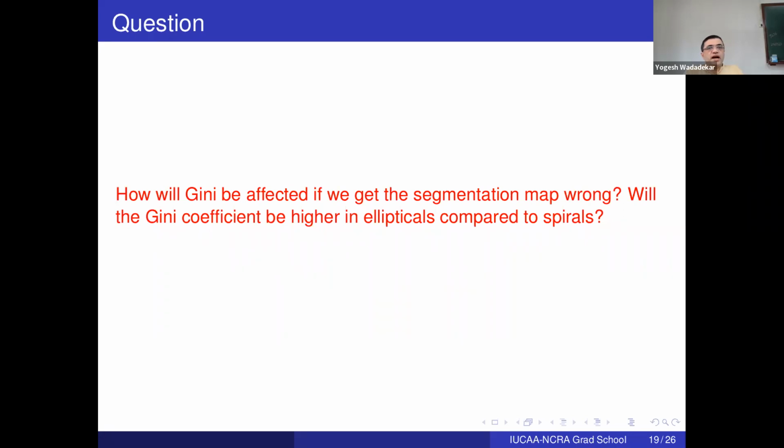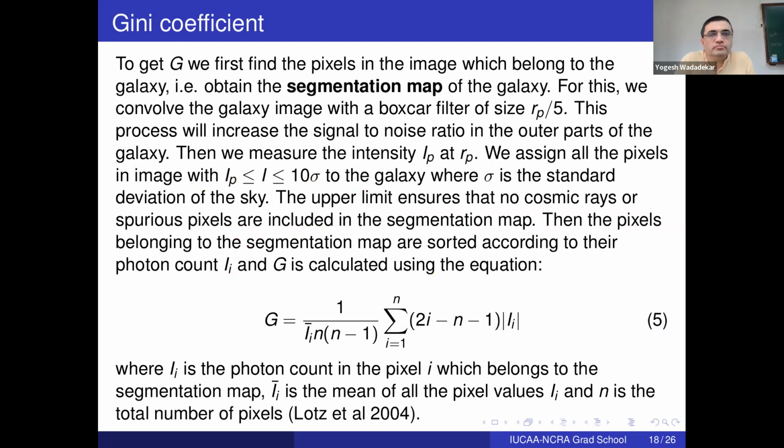Will the Gini coefficient be higher in ellipticals compared to spirals? For that, you have to go back here. Let's look at the equation. If all pixels are completely equal, let's take an extreme case: all pixels have the exact same value.